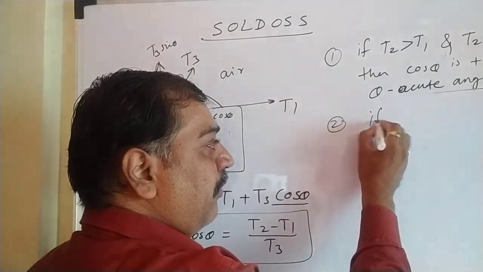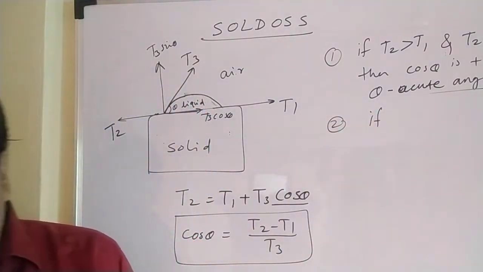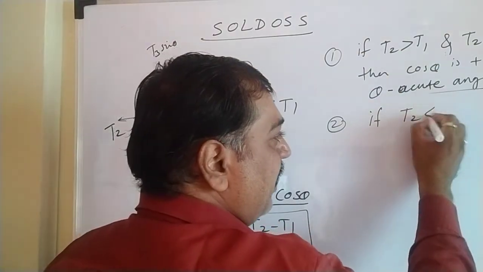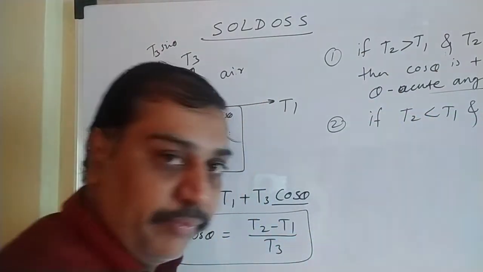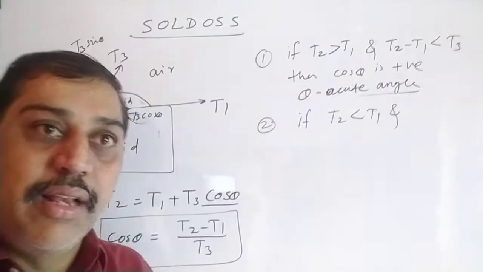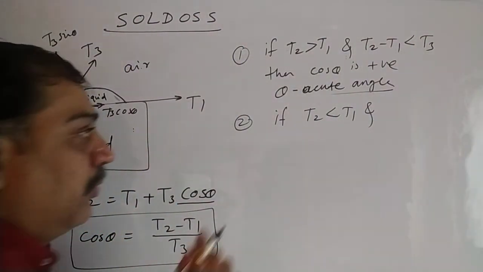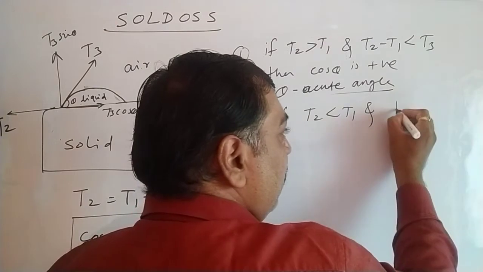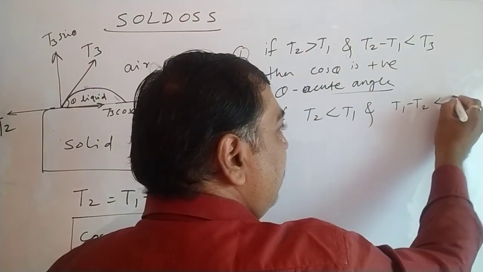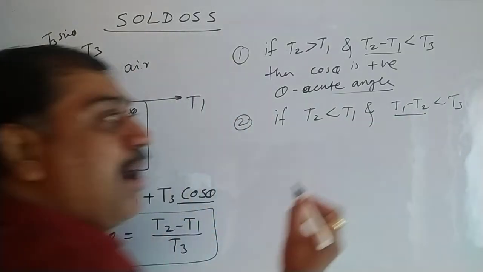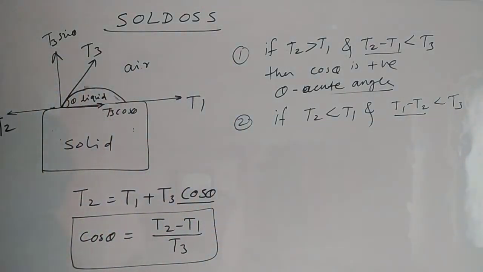Second condition: if T2 is less than T1, and T1 minus T2 is less than T3. Remember, we had taken T2 minus T1, here it is T1 minus T2 less than T3. So what does it mean?